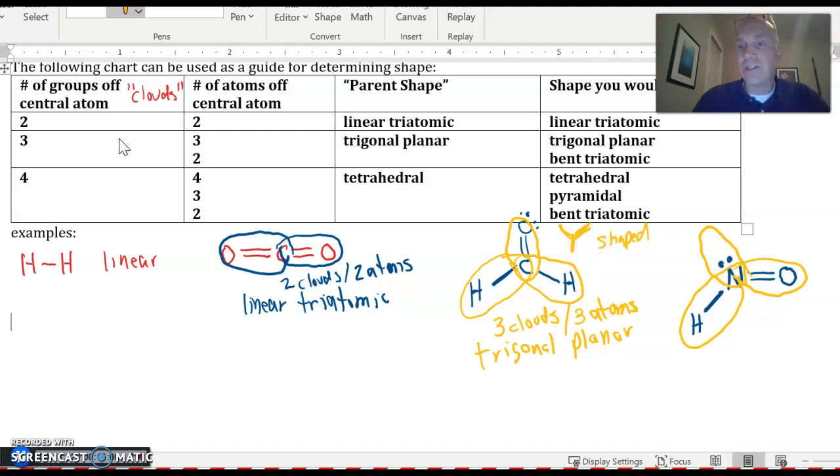But the thing you have to remember is that the shape of the molecule is only talking about where the atoms are. And you only have atoms here, here, and here. There is no atom at the end of this lone pair, even though it does have an effect on the shape. So if you just consider the shape of just this, this, and this, that would be sort of like a boomerang shape.